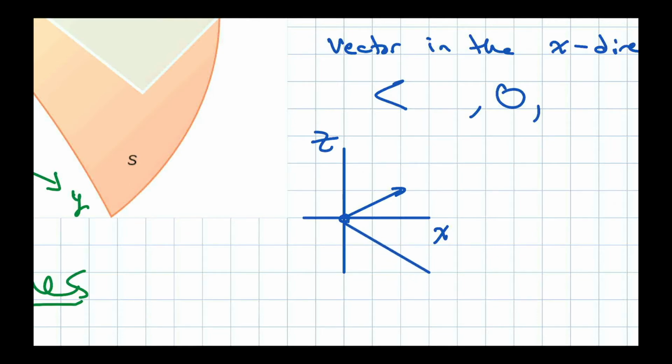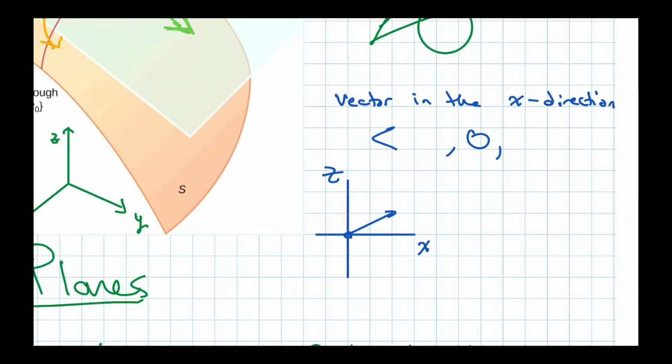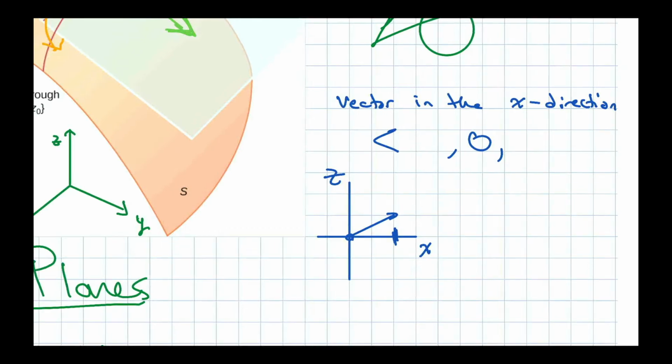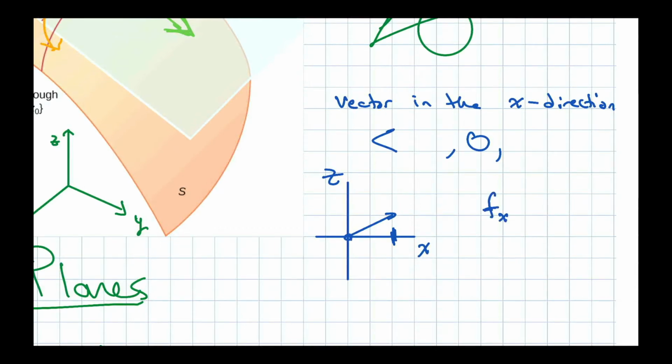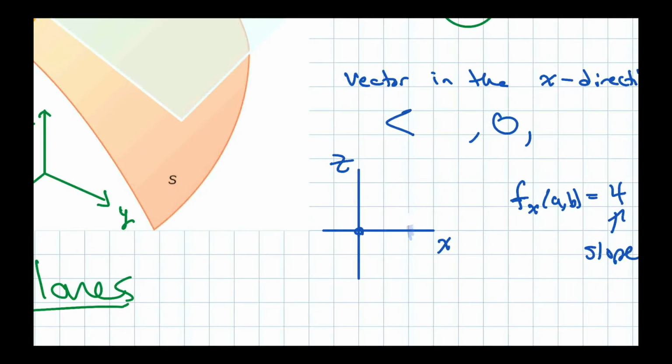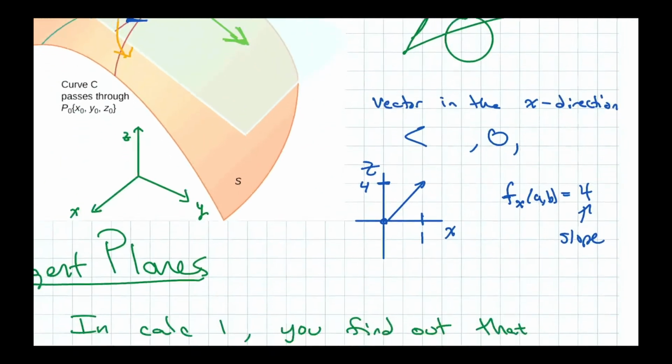You don't really know, but if fx evaluated at the point is, let's say, 4, as an example, then that would be a slope in the x direction. On this little graph, the slope is 4. So the rise would be 4 and the run would be 1. It would be steeper than I drew it, but that's an example.